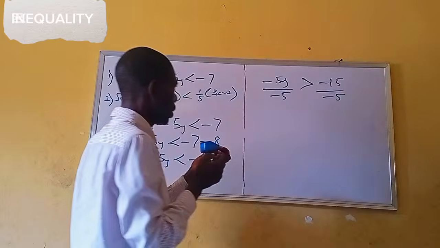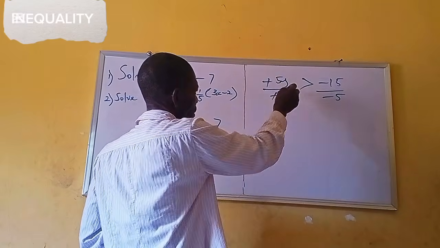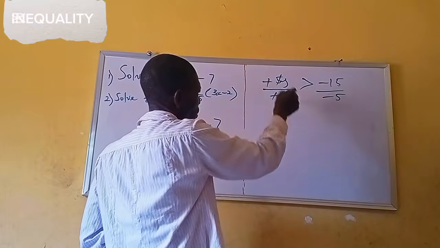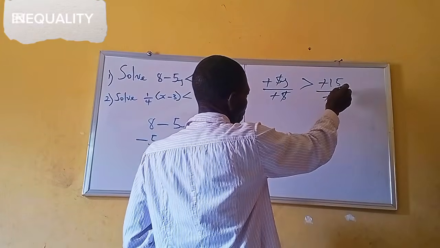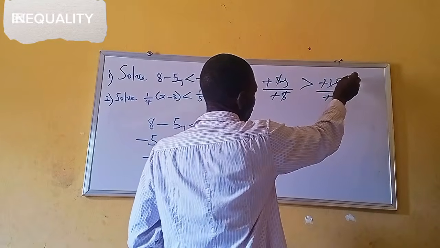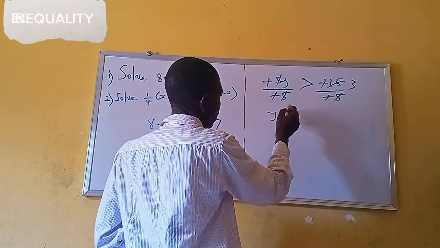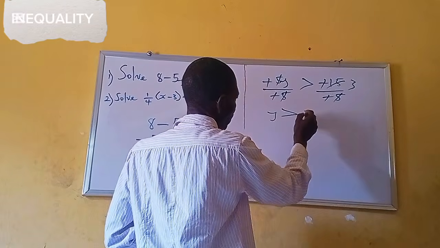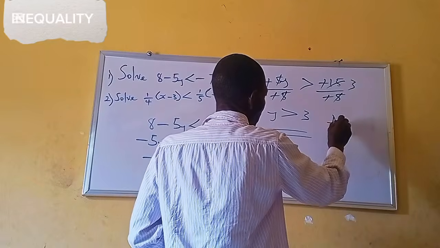Okay, so this minus will cancel this minus, and this will cancel this. In 15, 5 into 15 will give us 3. So you are left with y is greater than 3. This is our answer.